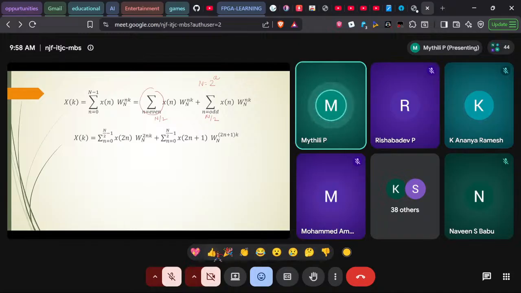We can represent the even part as x of 2n and the odd part as x of 2n plus 1. Okay. So n from 0 to N by 2 minus 1, x of 2n into W_N of 2nk. Wherever we had an n, we have replaced it with 2n for the even part. And wherever we had an odd one, we are replacing it with 2n plus 1, and here also 2n plus 1. Okay. Is this clear?